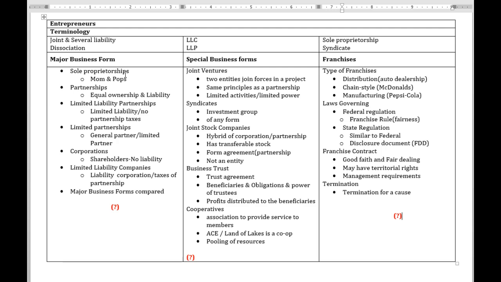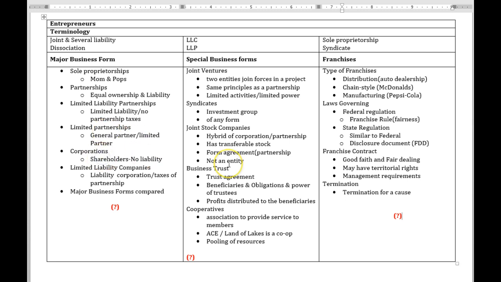There's limited liability here. The amount of loss would be limited to the investment that the partners make in the partnership.